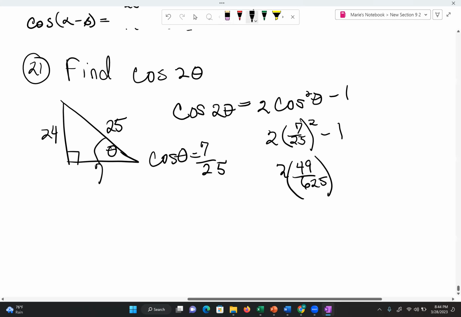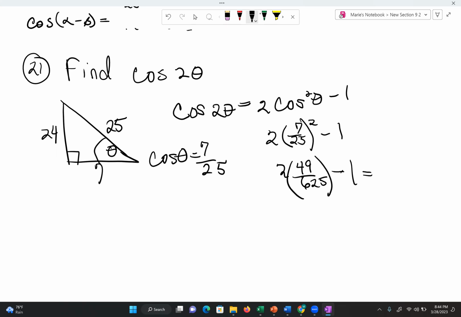So in this case, a little math, you could use your calculator. We should get, let's see. I'm going to go with 2 parentheses 7 divided by 25 close parentheses squared minus 1. And I get a negative value.